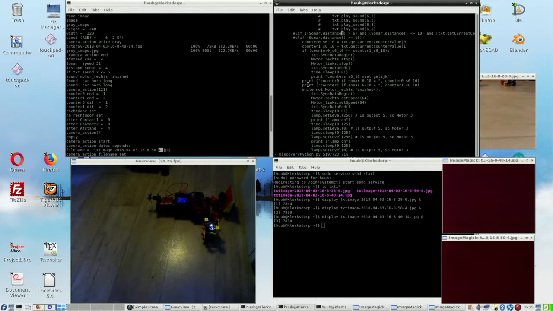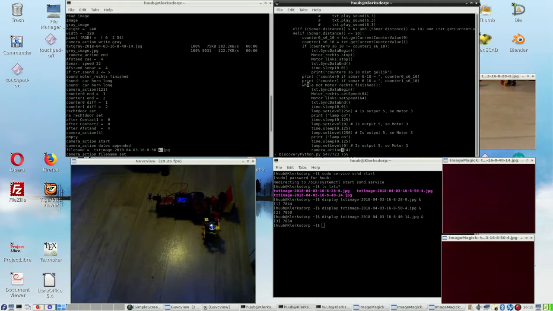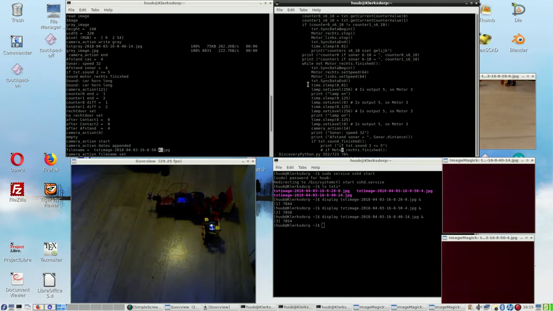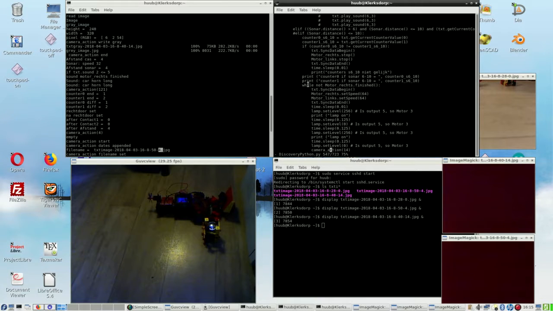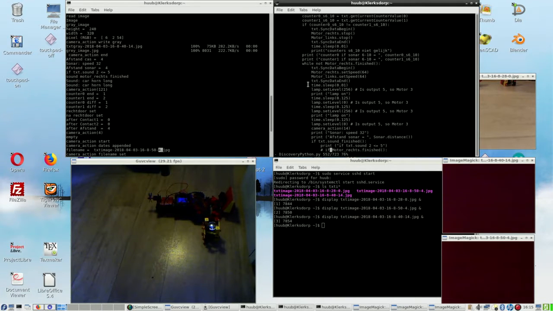Now it gets a bit odd. This is, or this is anyway, an image taken at 6 to 4 centimeters. No, between 6 and 10. That is 14.